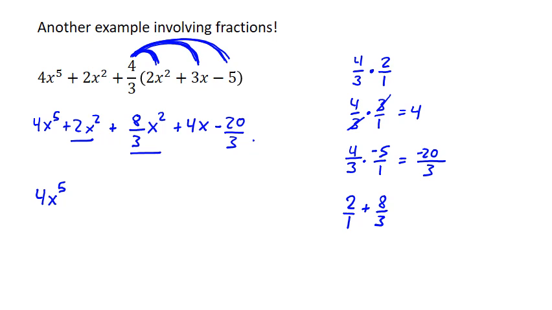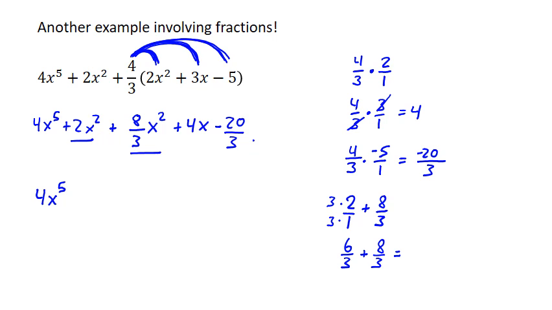I'm dealing with addition. In order to add fractions, we have to have a common denominator. So here, my common denominator is going to be 3. I'm going to multiply top and bottom of the 2 over 1 by 3 so that it ends up having a denominator of 3. That gives me 6 over 3, which makes sense because 6 over 3 does equal 2. So we haven't changed the number at all. We just wrote it in a different form so it has the same denominator as 8/3.